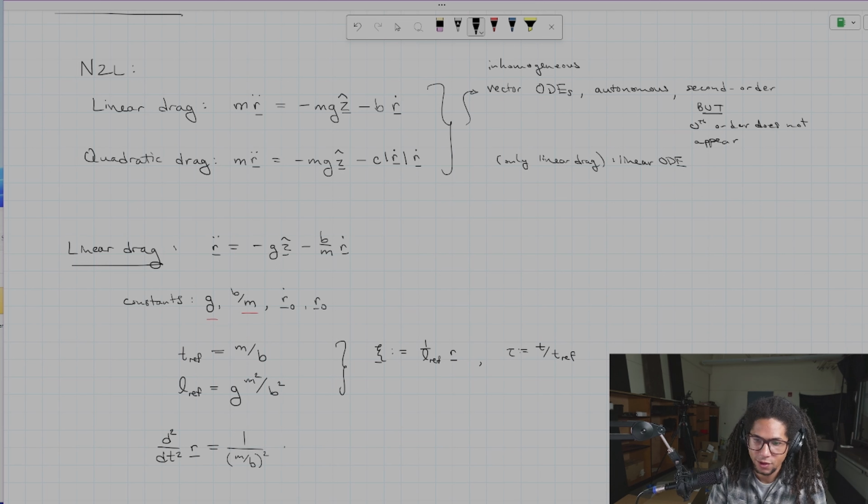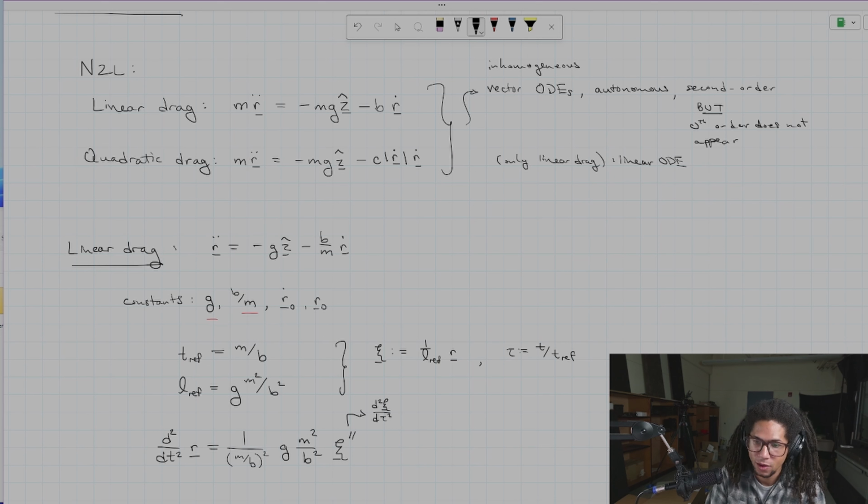So then I'll have g times m squared over b squared times c double prime. And I'm going to use this double prime to make sure that we know that this is c seen as the second derivative with respect to tau, not with respect to t. So this means d squared c d tau squared.